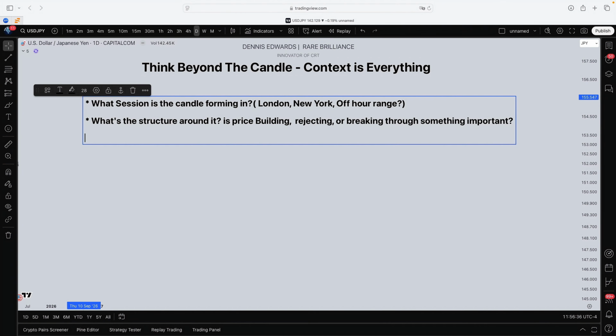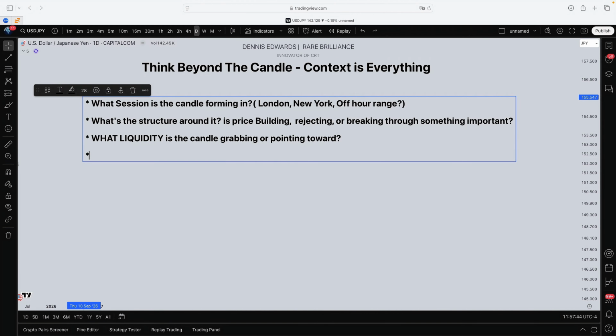This is important. Now, let me write this down. Just to say, side note, I did not mean to put it in caps. It was in caps lock by itself. So maybe that's a sign. Maybe you guys should understand that this is the very most important question that you can ask yourself when it comes to understanding the context. What liquidity is the candle grabbing or pointing toward?